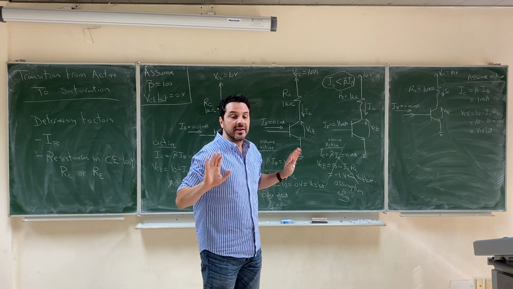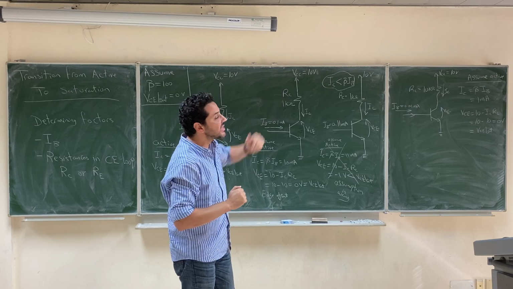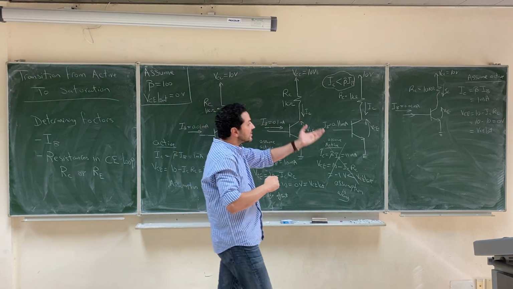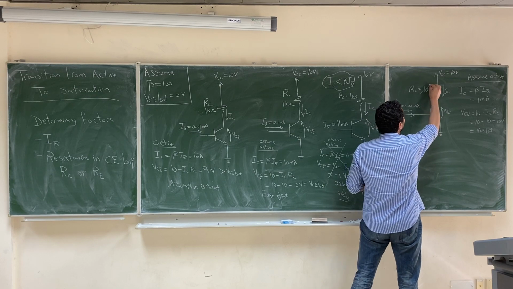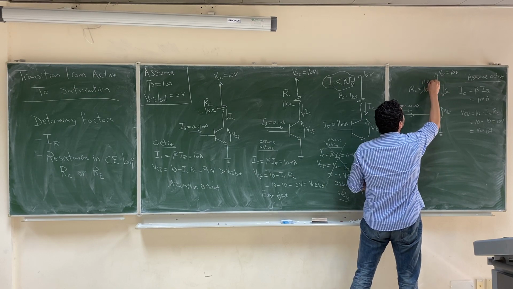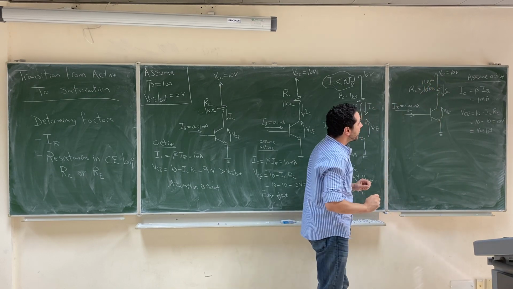Until now it's fine, but what happens if we increase RC more than that? For example, let's use 11 kilo ohm.